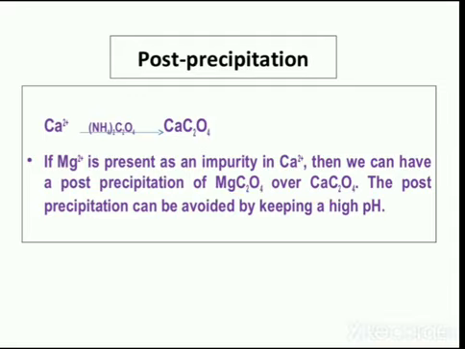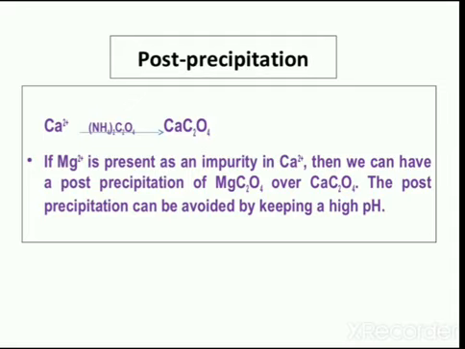So how can we avoid this post precipitation? What are the remedies to decrease the post precipitations? We have two methods. The first is that the precipitate is washed with a suitable solution so as to remove the post precipitated impurity.